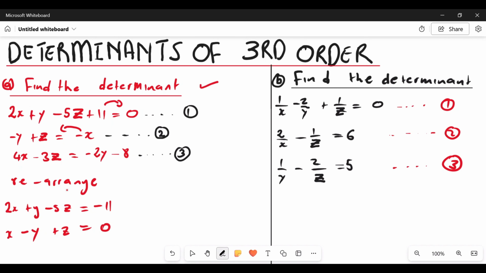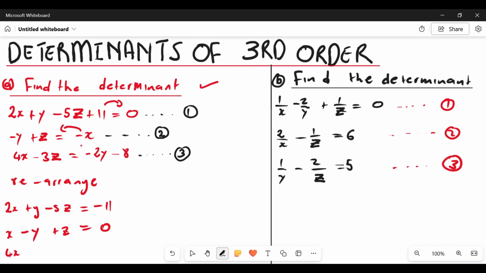Now let's rearrange the last one there, which is the third equation. When you look at the third equation, we know that on the left hand side we have 4x and negative 3z. But the second term, remember, is supposed to contain y. As you can see, in the first two equations the second term contains y. Now, when you look at the third equation before the rearrangement, we have on the right hand side negative 2y.